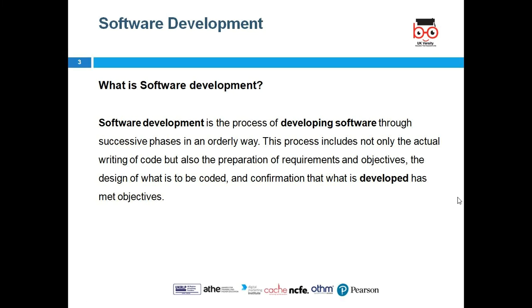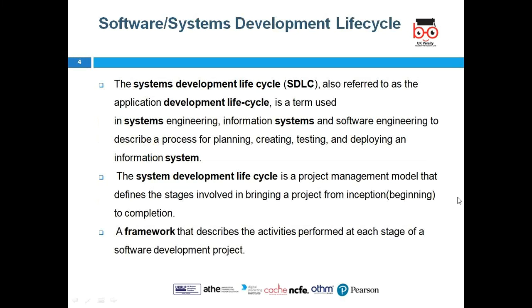Then you design, code, and confirm what has to be developed and whether you meet the objectives or not. Development is also considered a system development life cycle, so the process comes through the life cycle.